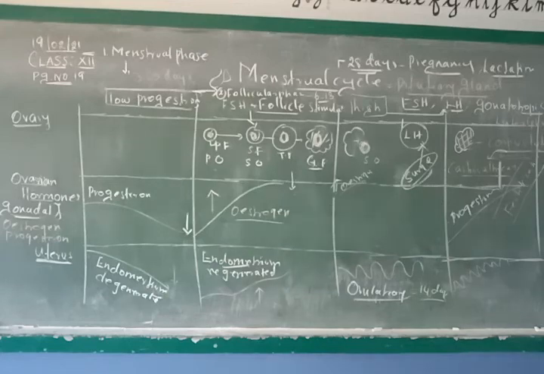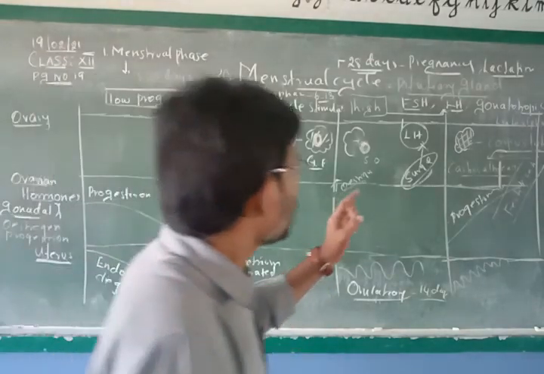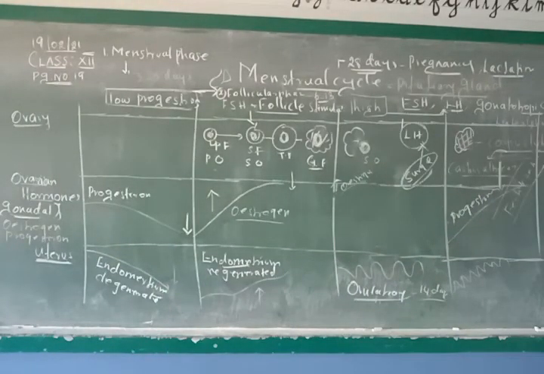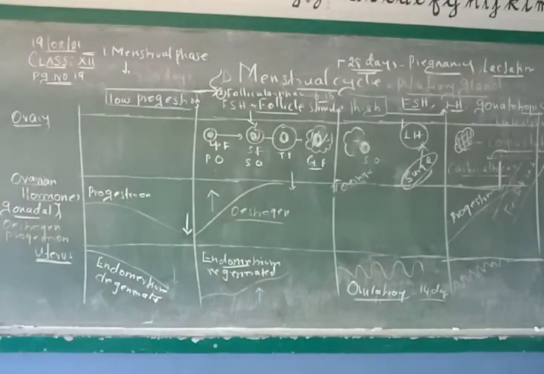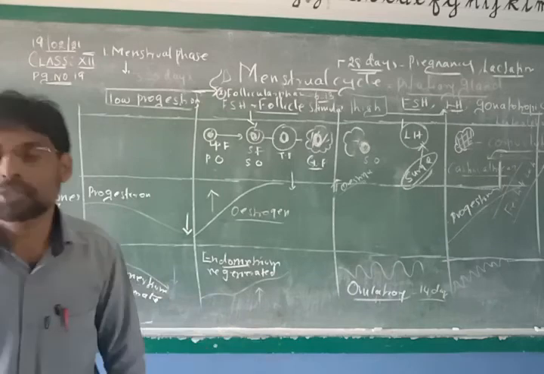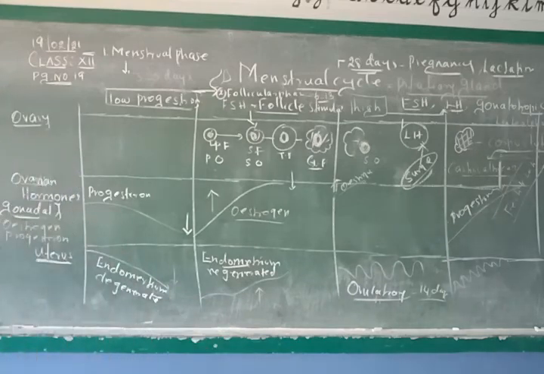So there is one more question. Progesterone as well as corpus luteum. Corpus luteum is a layer. Progesterone is a hormone. The hormone which suppresses ovulation is called progesterone. Okay, right. The next one is called the luteal secretory phase.